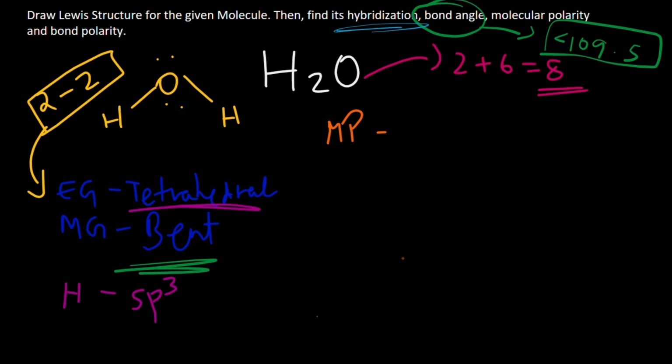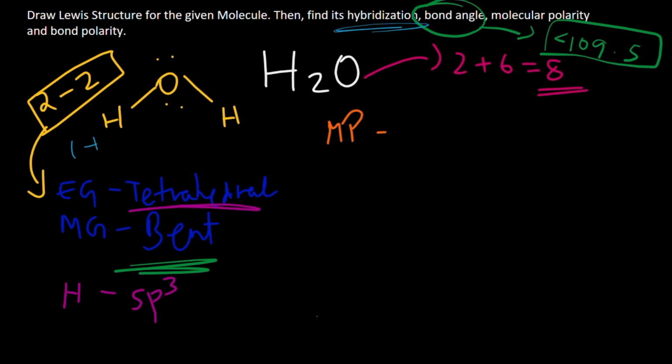We all know that oxygen is more electronegative, or if you don't know, just look at the periodic table, right? So it has more electrons. Oxygen is more electronegative than hydrogen. So the dipole moment is going from here.